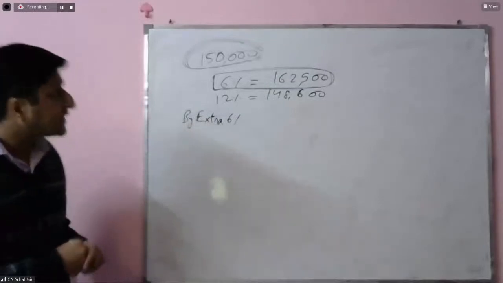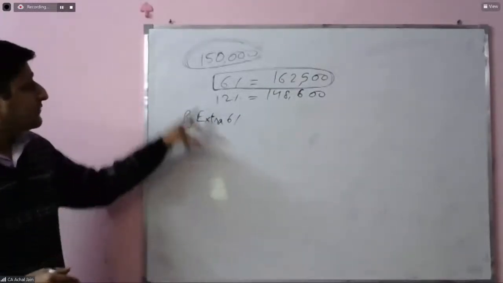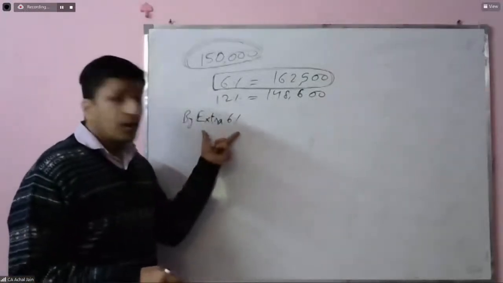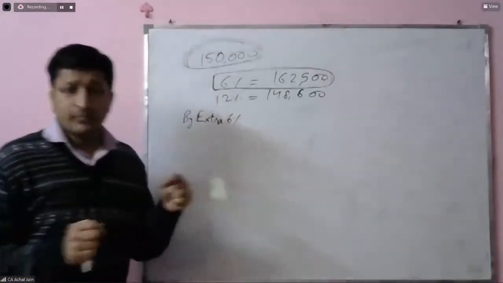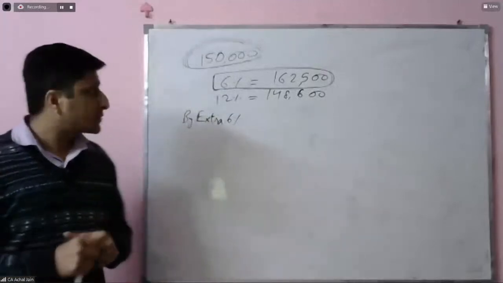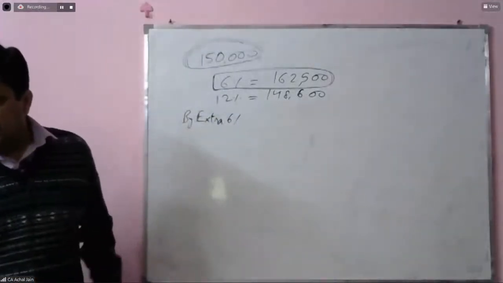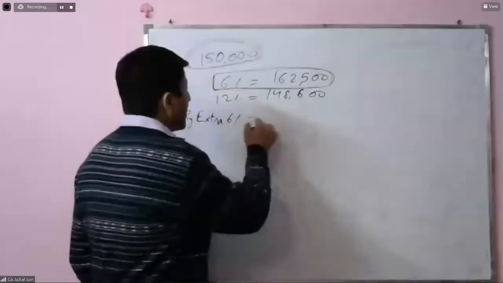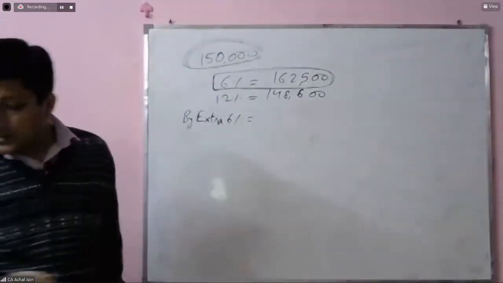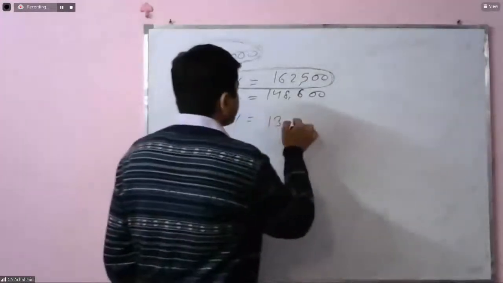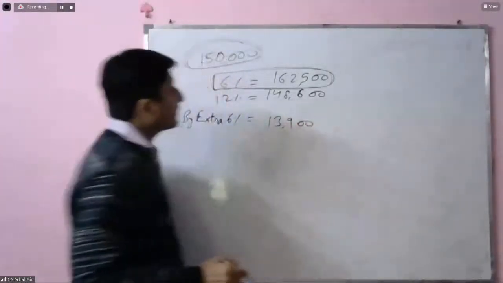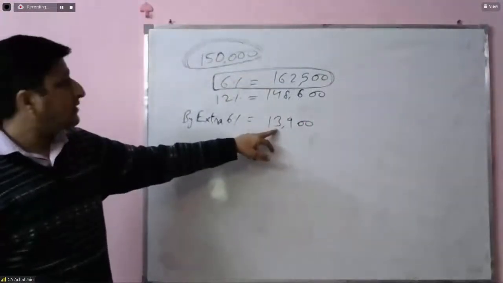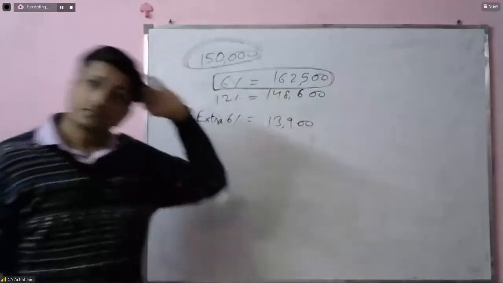So what did I observe? I observed that if I took 6% as the base and I took 6% extra, meaning I increased the rate by 6%, then the PV went down by 13,900. Correct? Difference between these two. How did I get 13,900? Difference between these two. Okay.